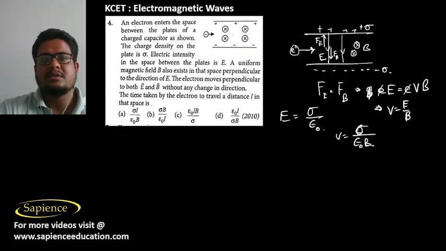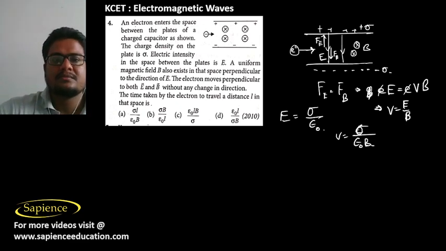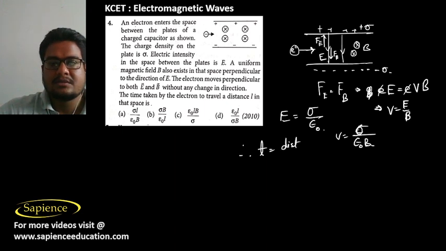It is moving with a uniform velocity. So therefore, the time taken will be equal to the distance by speed. Time taken is distance covered by the electron by velocity.